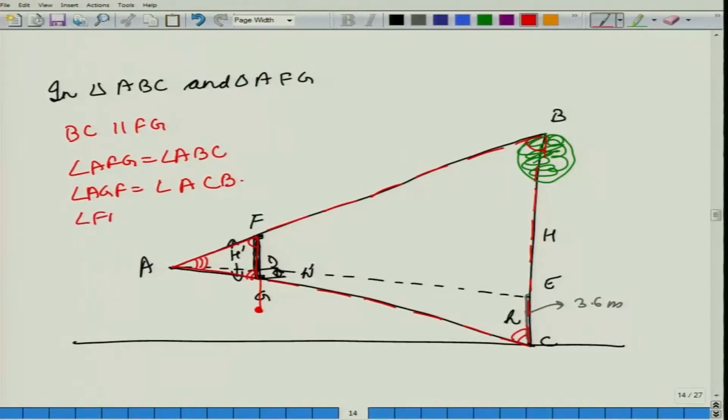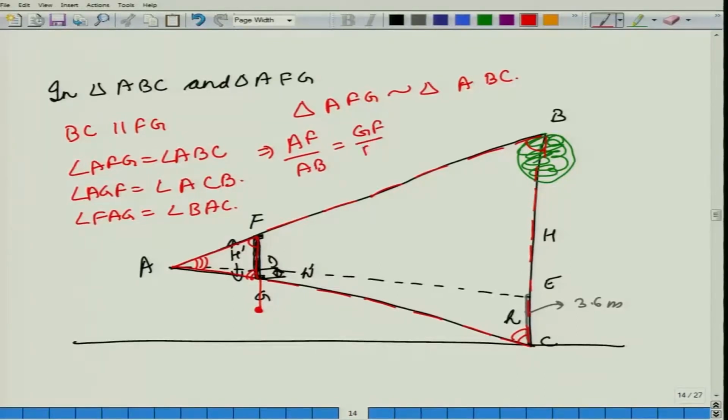So, angle FAG is equal to angle BAC. Now we have that triangle AFG is similar to triangle ABC. So, in this situation the corresponding sides are in a constant ratio. So, we have AF by AB is equal to GF by BC is equal to AG by AC.